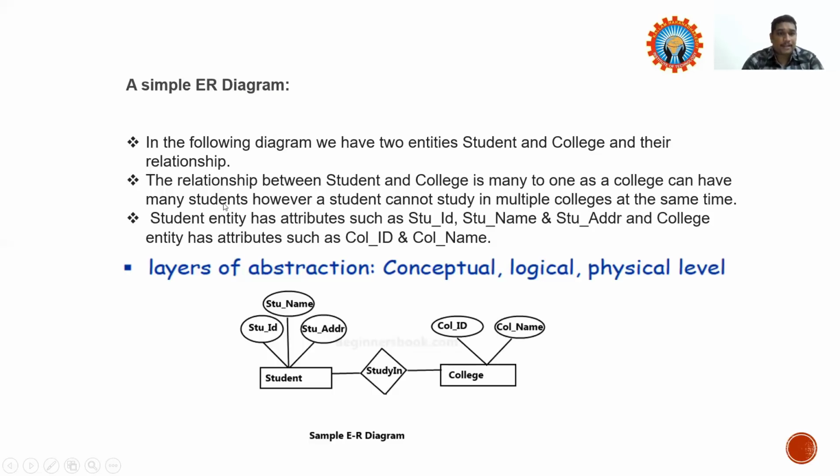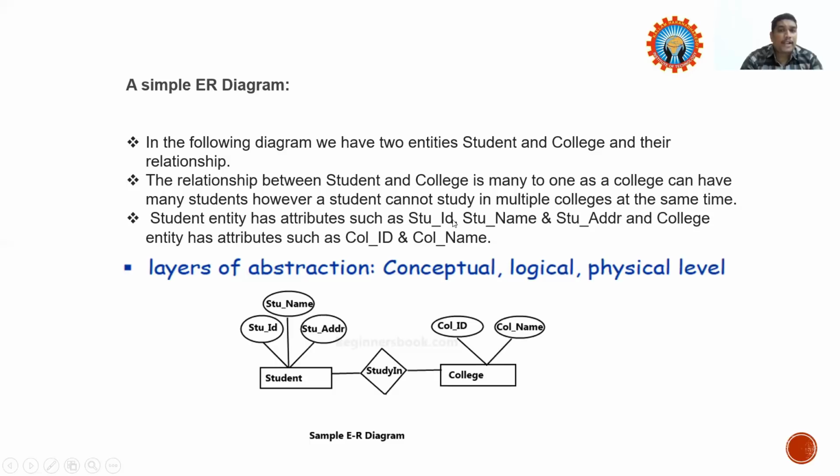Next, the relationship between student and college is many to one. Already we studied that we have four mapping constraints: 1 to 1, 1 to many, many to 1, and many to many. Now the relation between student and college is many to 1, as a college can have many students.